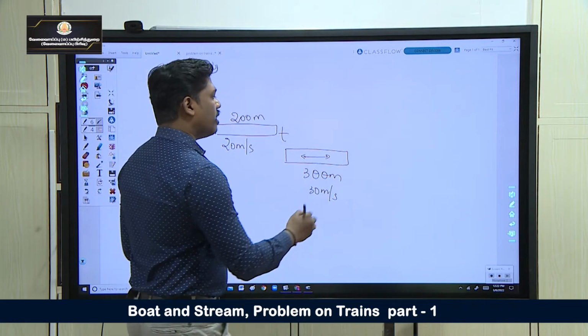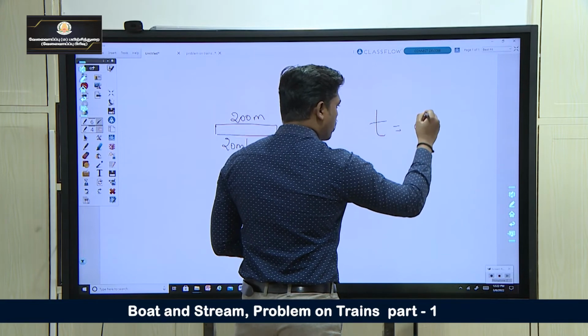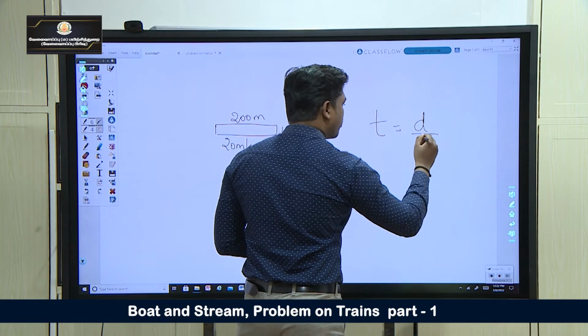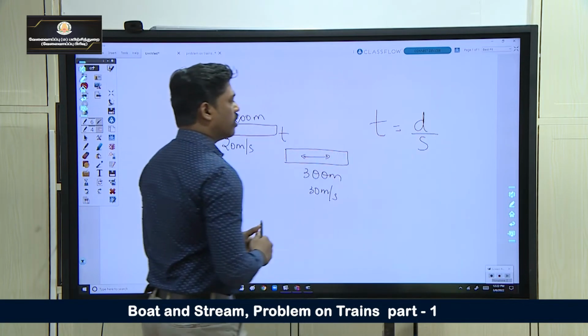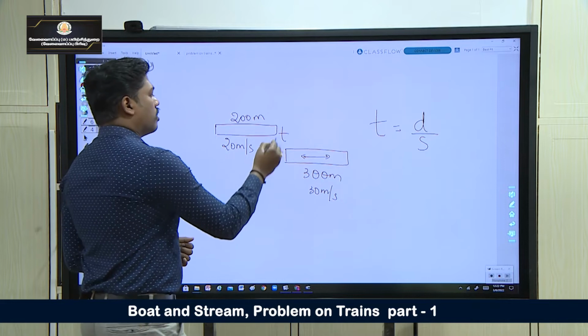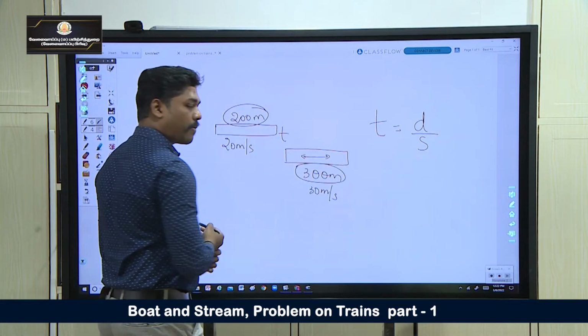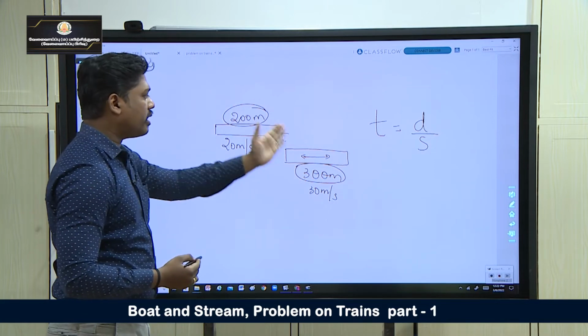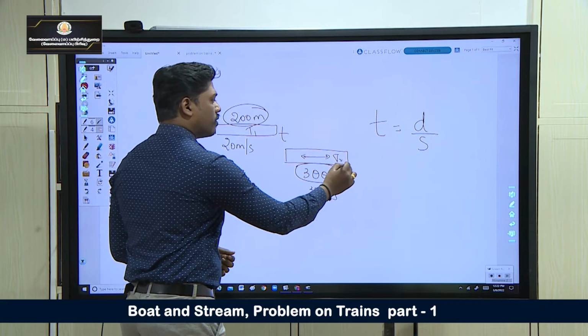So here the basic formula is time is equal to distance by speed. Distance is measured in terms of length of train. We have two lengths here, length of train 1 and length of train 2.